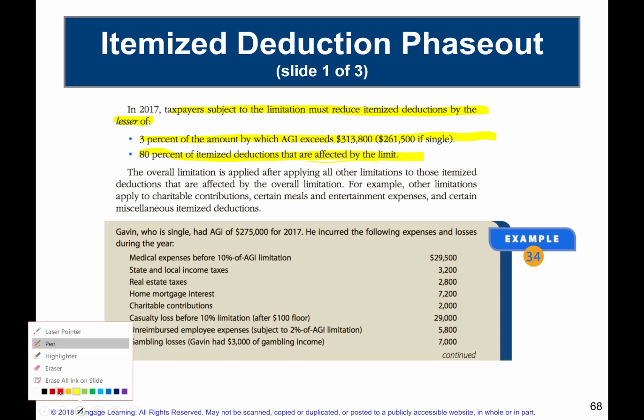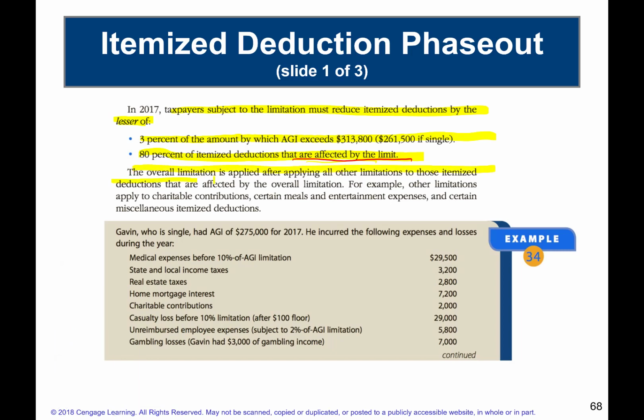But we're going to see that some items that are affected by limits will not make us consider that as part of this 80% calculation. Okay, so the overall limitation is applied after you've considered all other limitations to those itemized deductions that are affected by overall limitations. For example, other limitations apply to charitable contributions, meals and entertainment expense, certain other miscellaneous items.